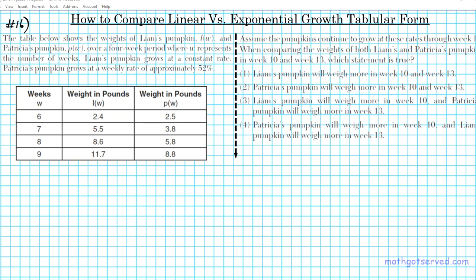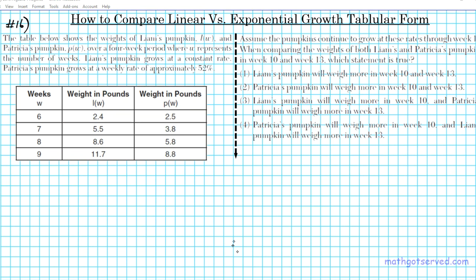Question: assuming the pumpkins grow at these rates through week 13, when comparing the weights of both Liam's and Patricia's pumpkins in week 10 and week 13, which statement is true? So basically what we have to do is figure out the weight of Liam's and Patricia's pumpkins in week 10 and week 13. Okay, and then we're going to know what the answer is.